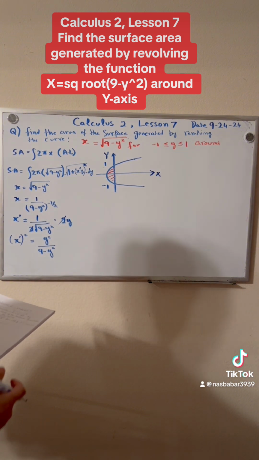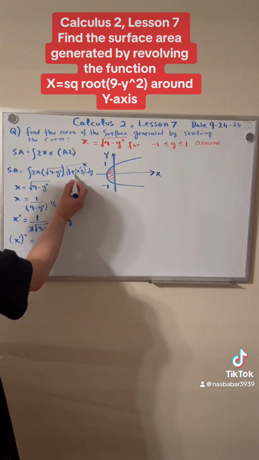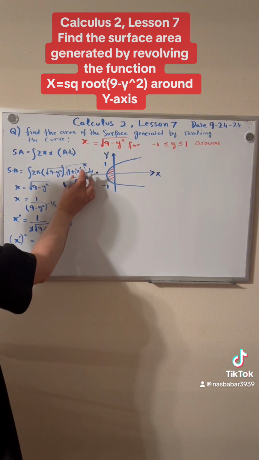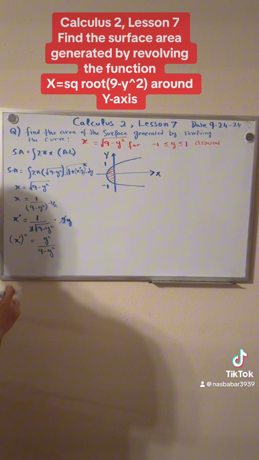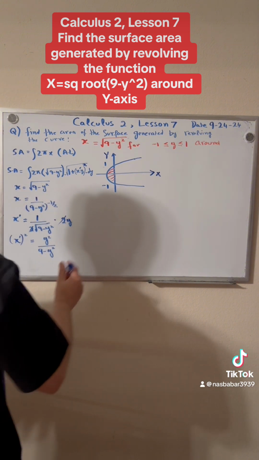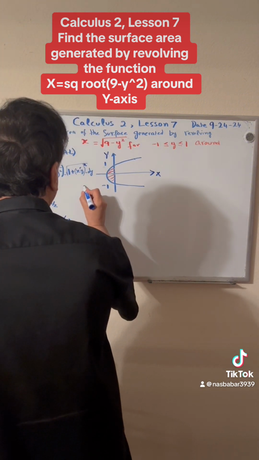Okay. Next step, the formula has 1 plus the derivative squared. So we've got to add 1 to both sides. I'm going to go ahead and do the rest right here.